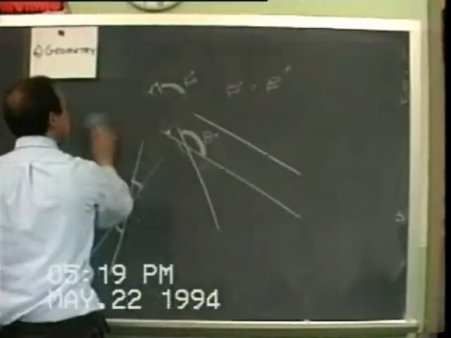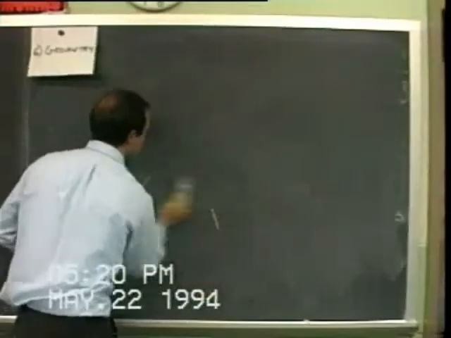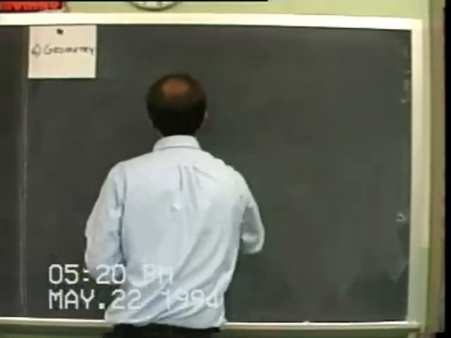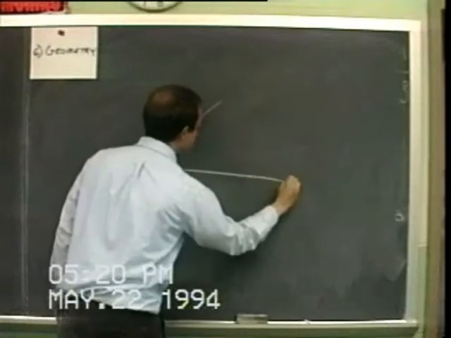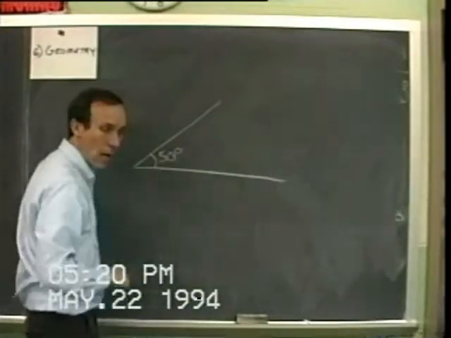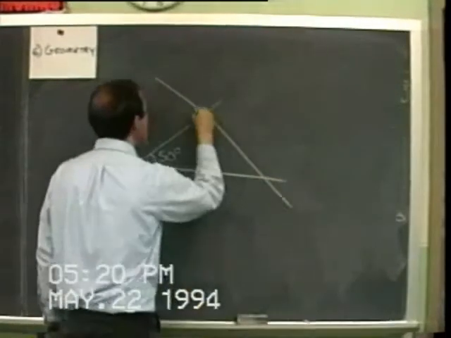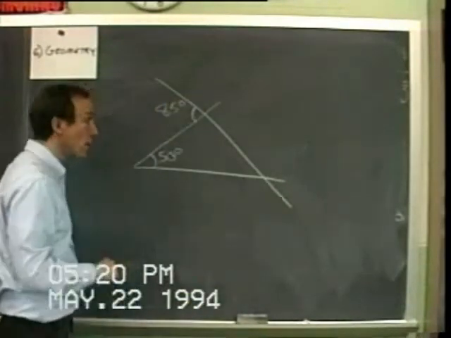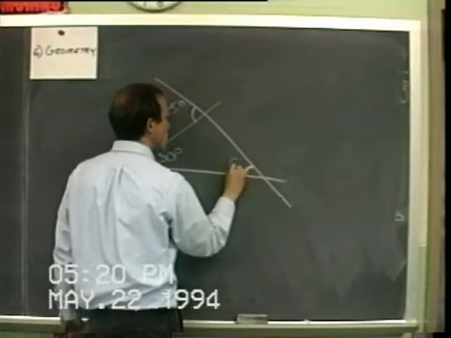Suppose, let's consider a little problem. Two lines meet at 50 degrees. Another line cuts through both of them, and you're asked, what's this angle?